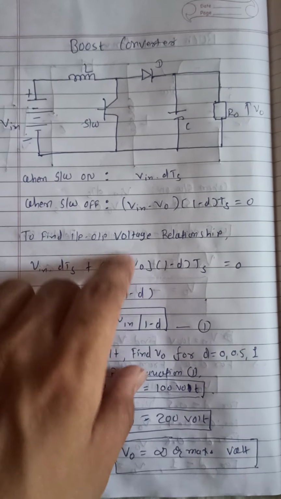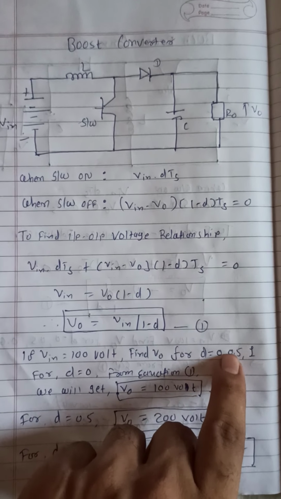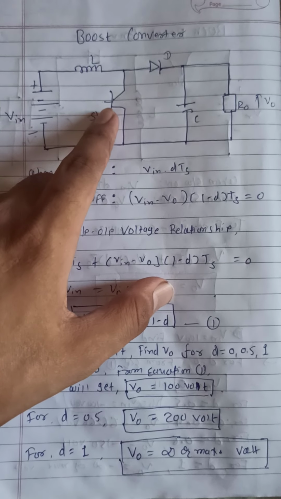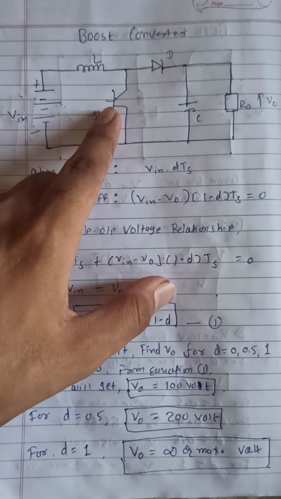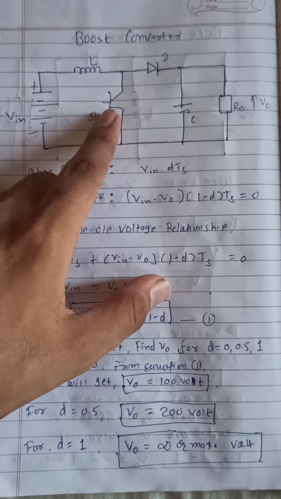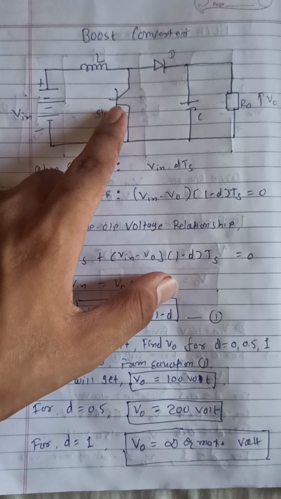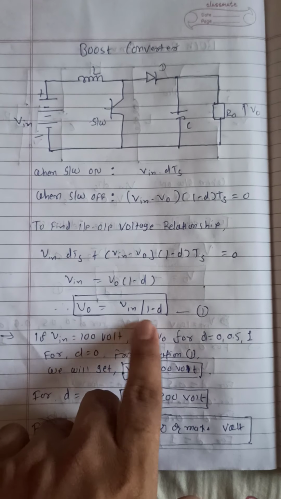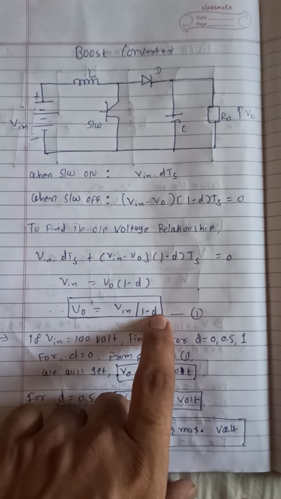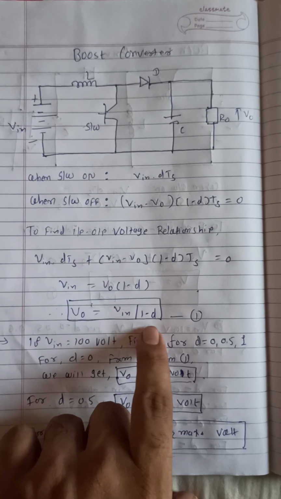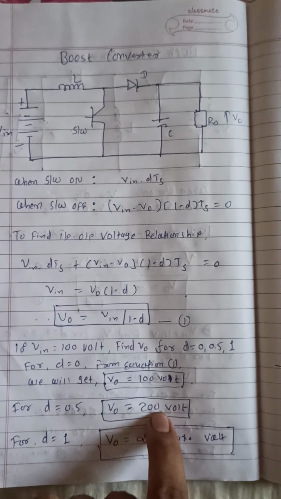Now for the second case, D equals 0.5. When you get 0.5, it indicates that for 50% of the time period your switch is on, and for 50% of the time period the switch is off. So at D equal to 0.5, if you put it in the equation, 100 divided by 1 minus 0.5, so 100 divided by 0.5, you will get 200 volt.